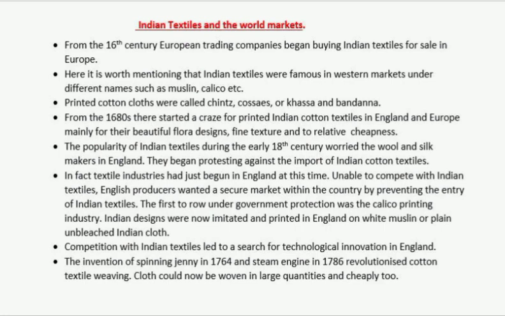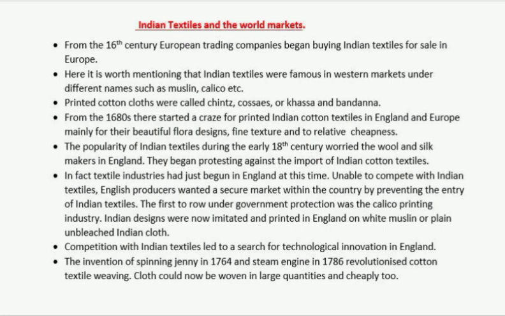They were extensively traded in Southeast Asia, namely Java, Sumatra, and Penang, and in West and Central Asia. Then from the 16th century, European trading companies began buying Indian textiles for sale in Europe.